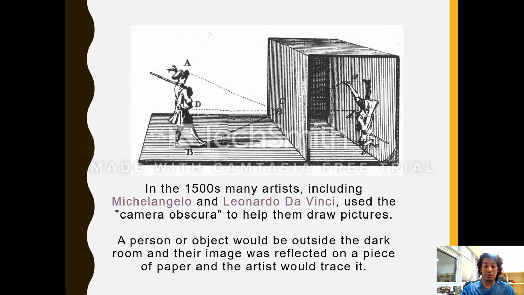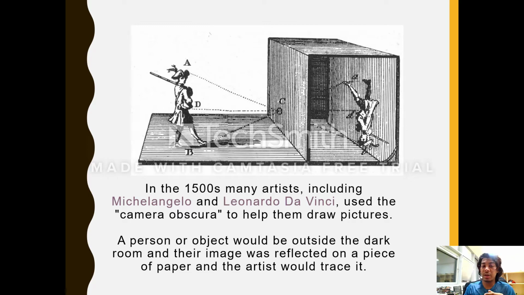This camera was really used by a lot of artists like Michelangelo and Leonardo da Vinci to make better paintings, to study the surroundings, to study human bodies on 2D, because in those times there wasn't really any means to study things on a piece of paper apart from painting.